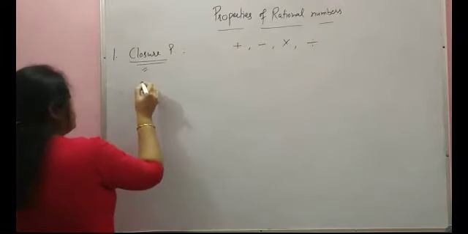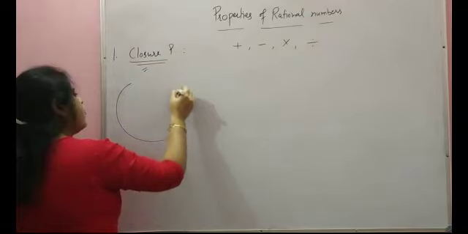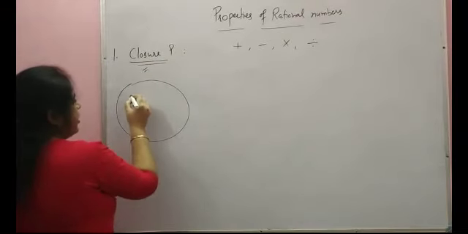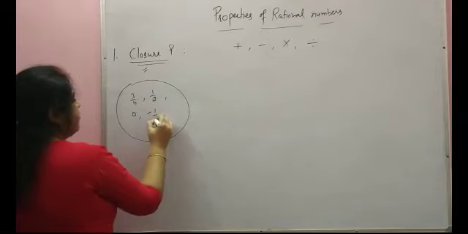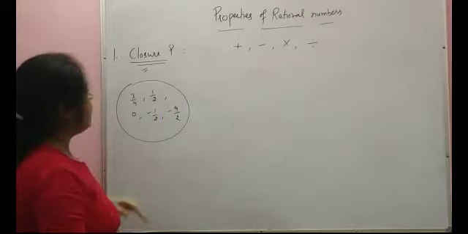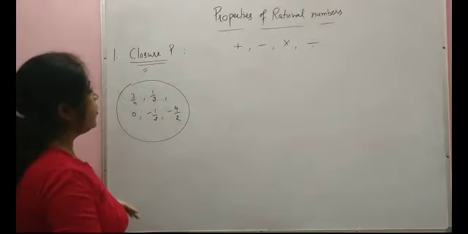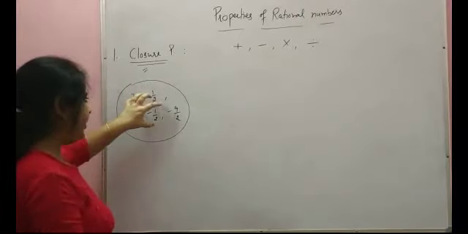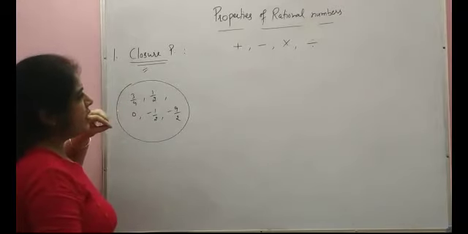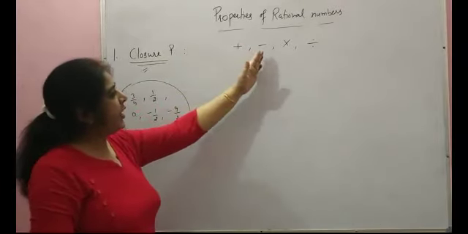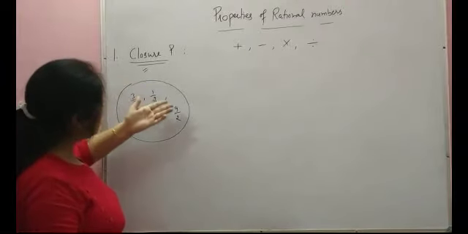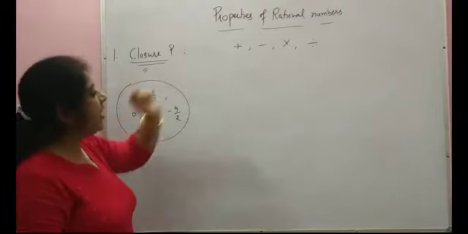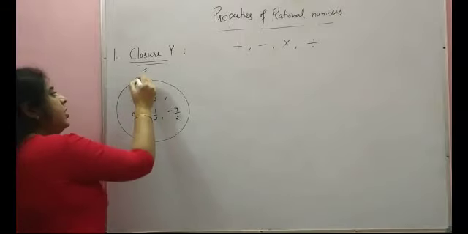Just suppose we have a box of our rational numbers, any rational number, negative, positive. Now what the closure property says is that if we pick any two rational numbers and apply any one of the operations, the answer would always be of the same category, meaning a rational number or not.